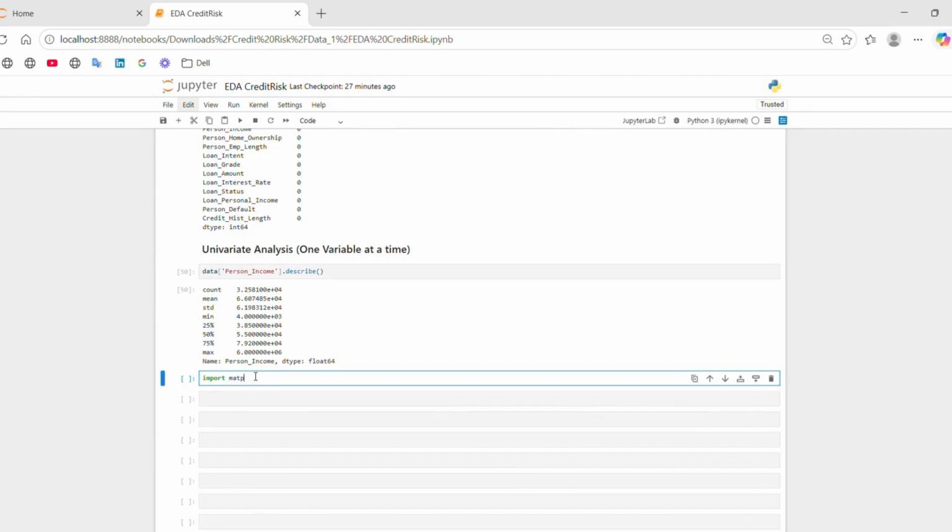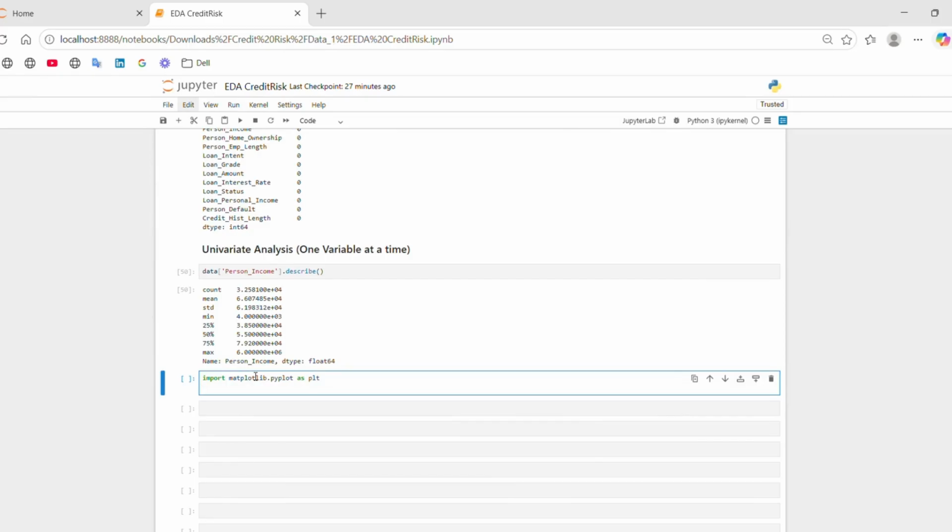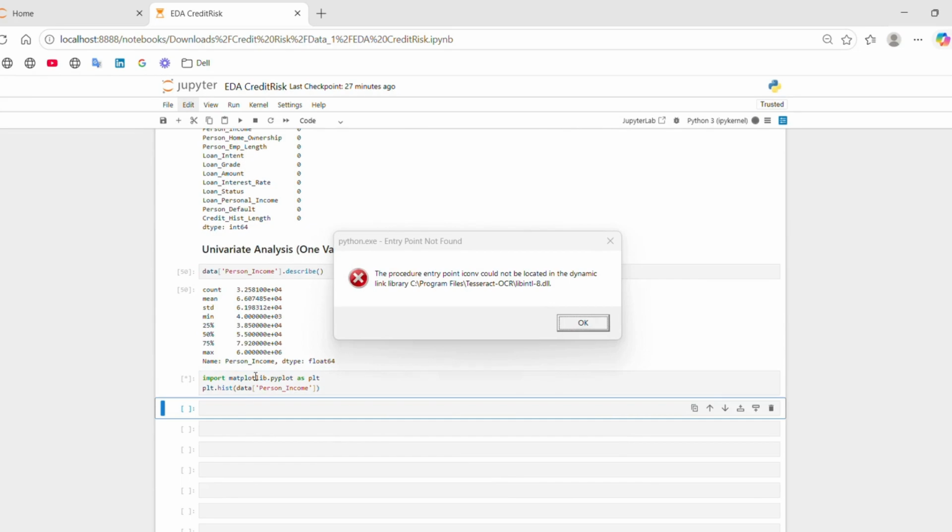To plot this, we'll import the library matplotlib as plt, and plot person income.